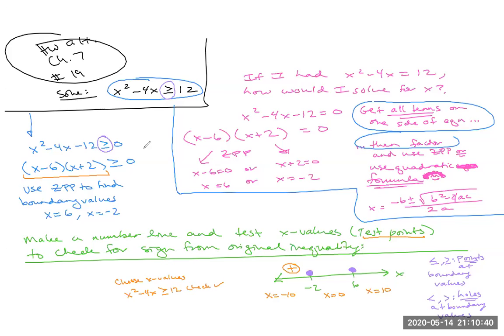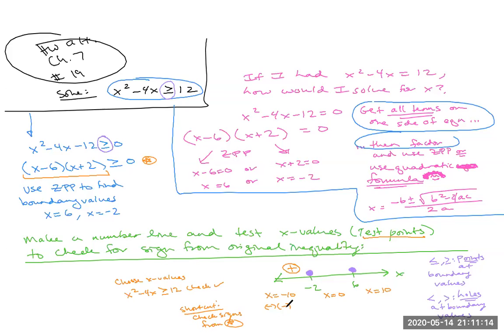But shortcut, check the signs from star. Let's call this star. If I plug in a -10 for X, my first factor would be a negative. My second factor would still be negative if I plugged in -10.